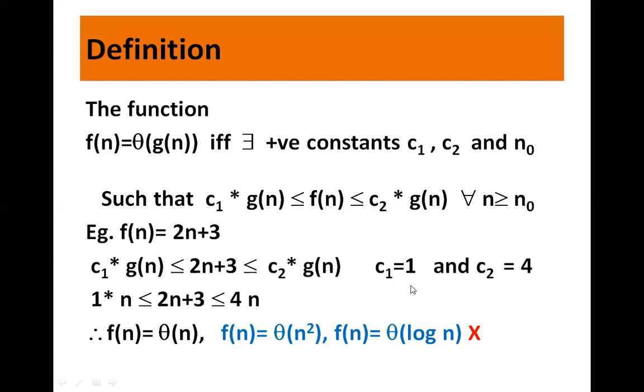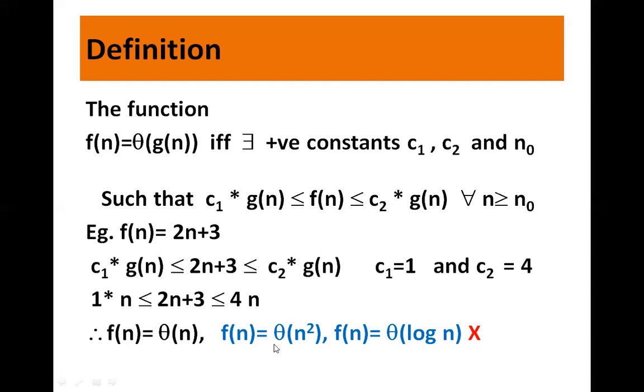Now, C1 we have taken as 1 and C2 we have taken as 4, looking at the previous examples we have seen already, because C2 equal to 4 gave us the worst case and C1 equal to 1 gives us the best case, right? So the condition is true here. It is 1 into n and it is 4n. So n is smaller than 2n plus 3 and 2n plus 3 is smaller than 4n. Fine. Therefore we can write f of n is equal to theta of n.